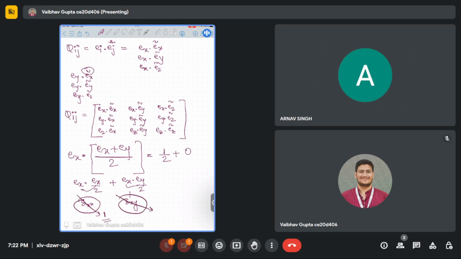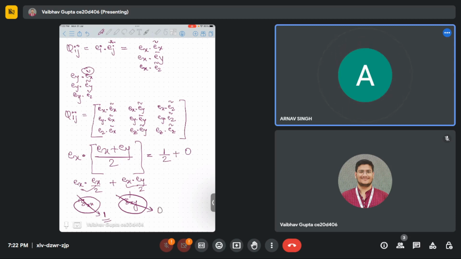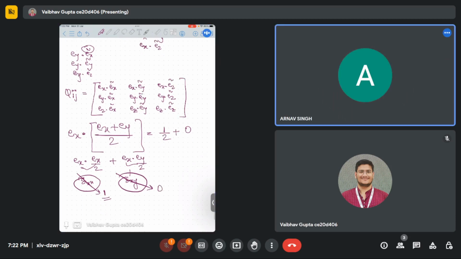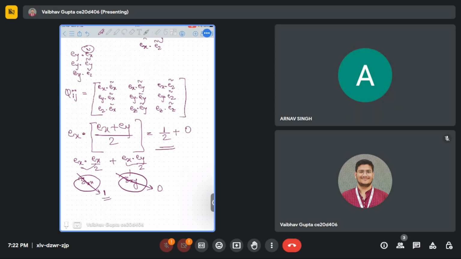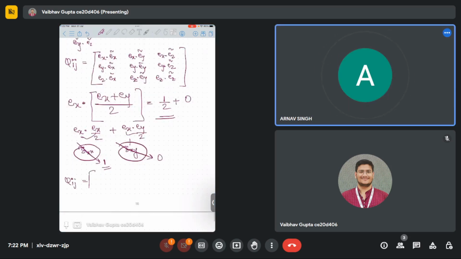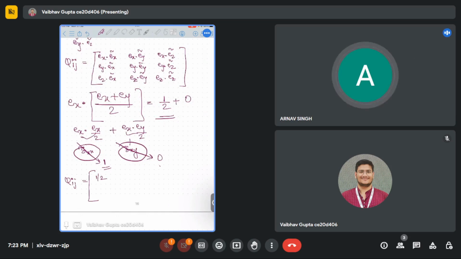For xy, its value will be equal to 0, because x and y are different. So this expression will become 1 by 2. So the first expression of Qij is 1 by 2.